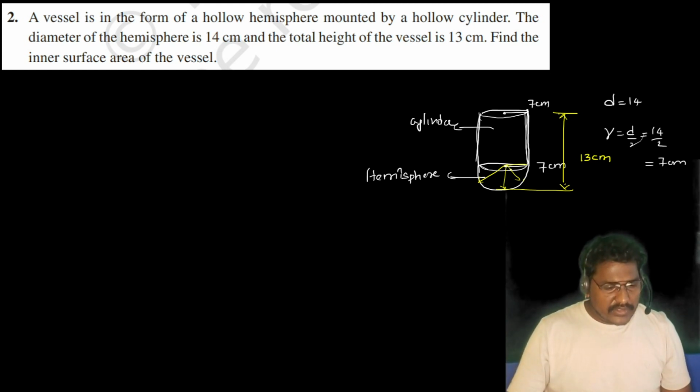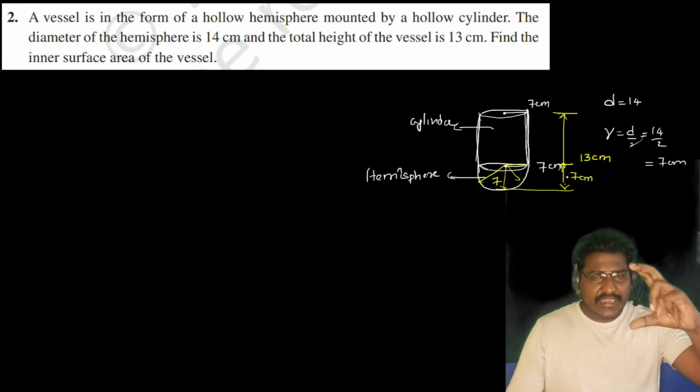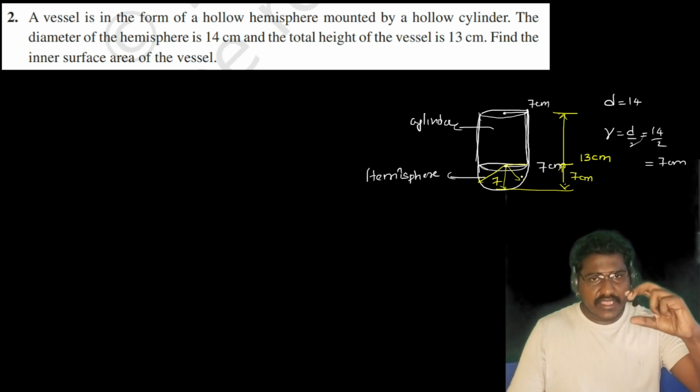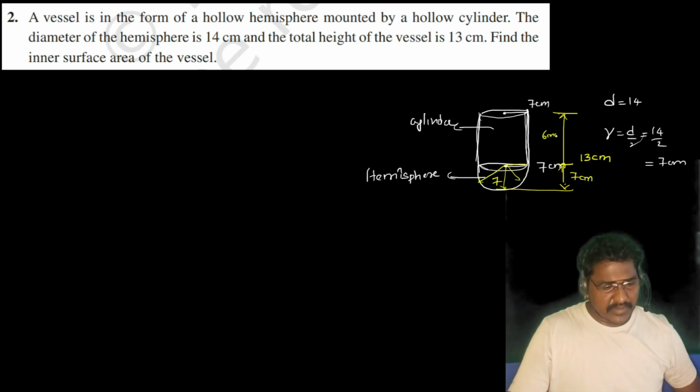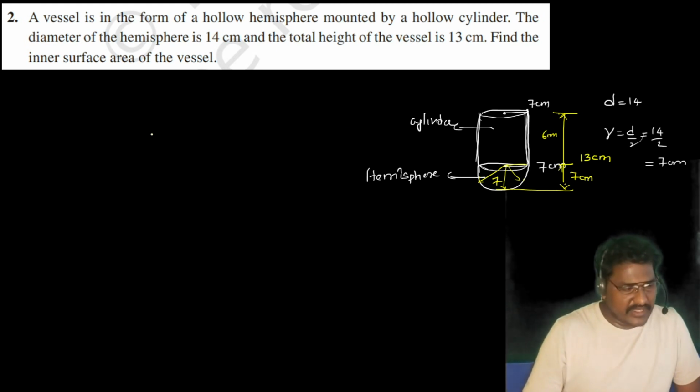So this will be 7. The total height of the vessel is 13, and height of hemisphere is 7. If the height of hemisphere is 7, the remaining height of cylinder will be 6 centimeter.